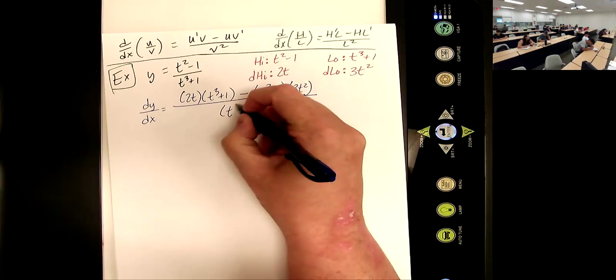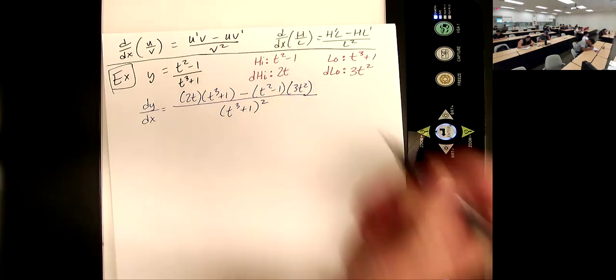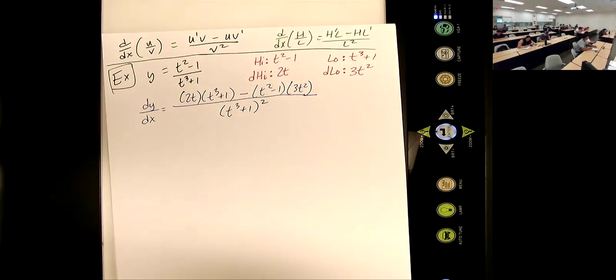And then this is all over low squared. And you know we're not happy with that. We at least have to multiply it out, see if anything cleans up.